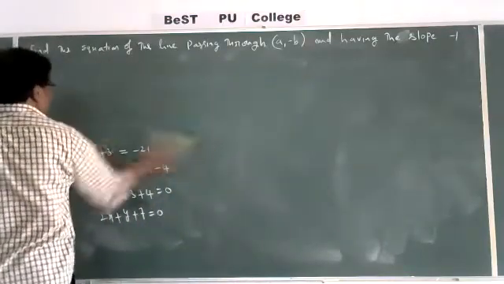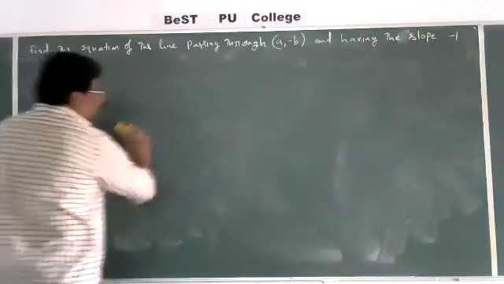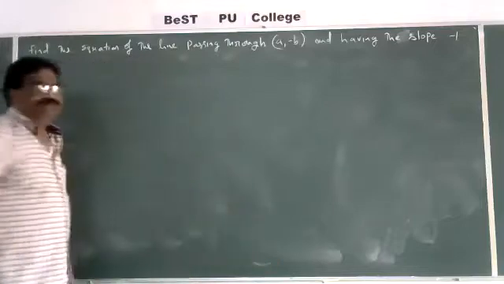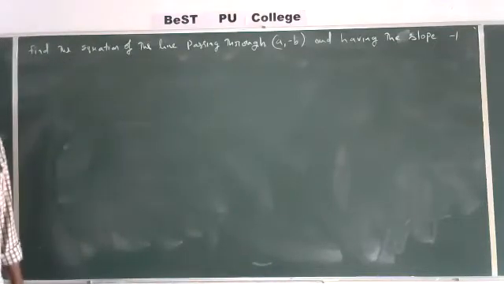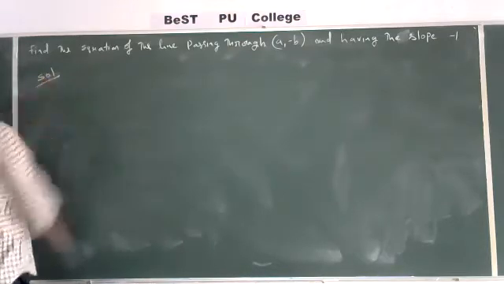Same process. The point is given, that is x1, y1, and the slope is given, that is m. So write the formula and substitute the values. Solution.